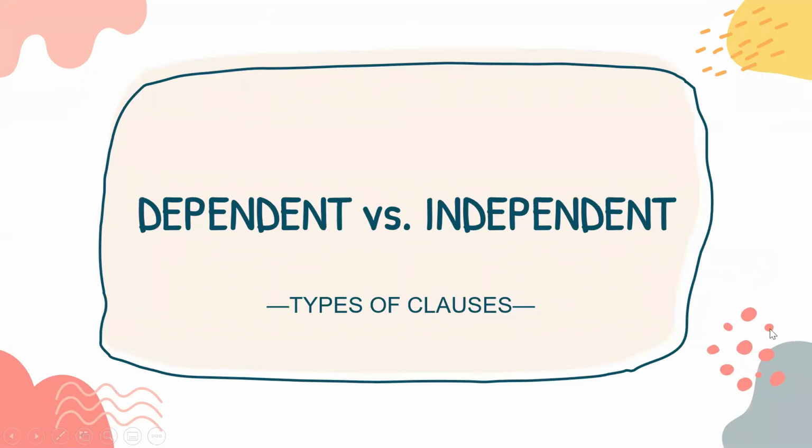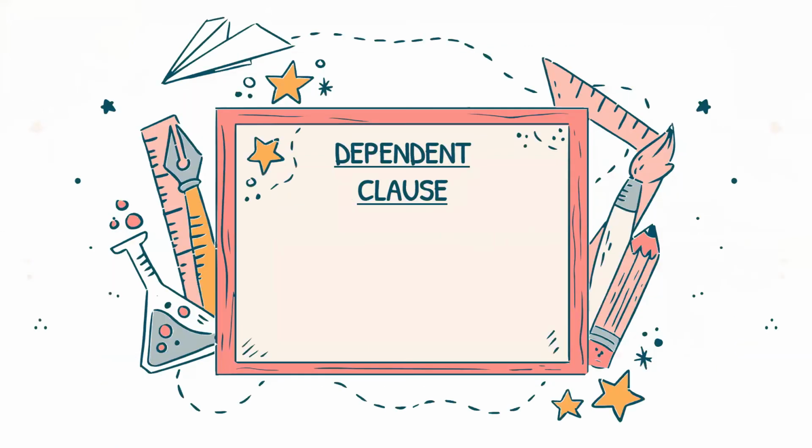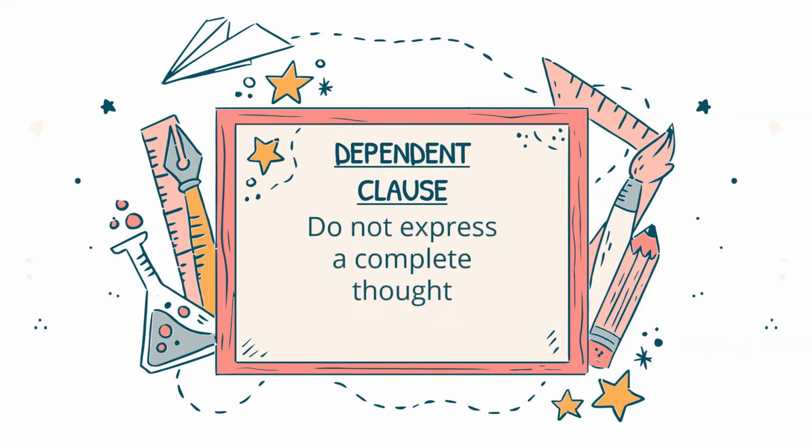So, what are the types of clauses? We have two. It can be a dependent or an independent clause. So, what is a dependent clause? It cannot stand by itself. It cannot stand alone because it doesn't express a complete thought.